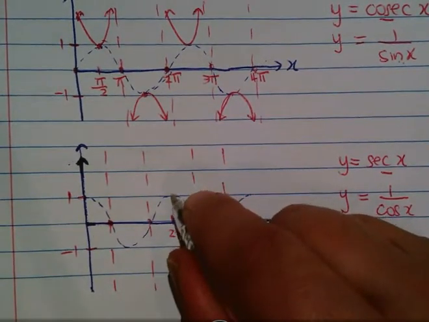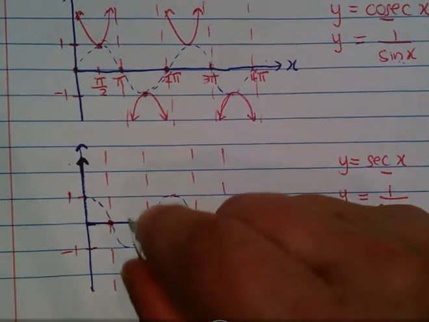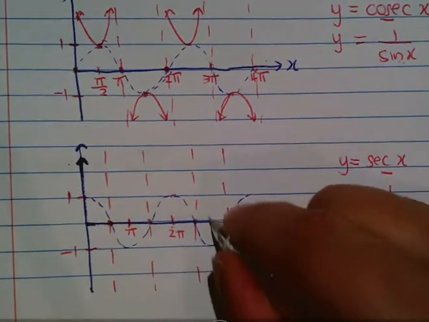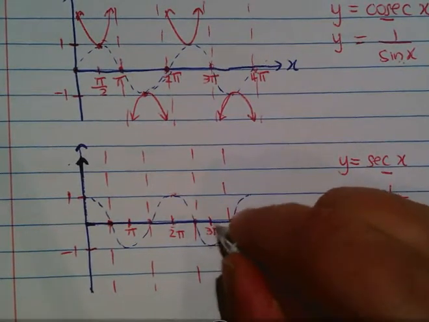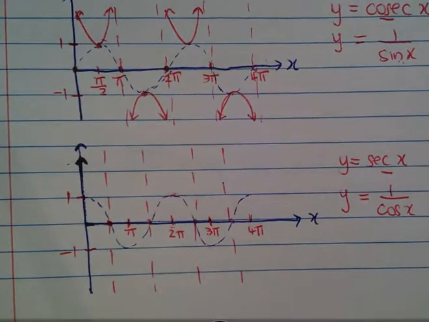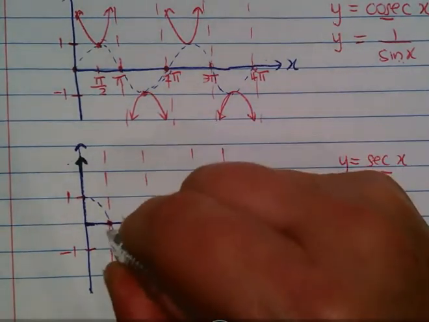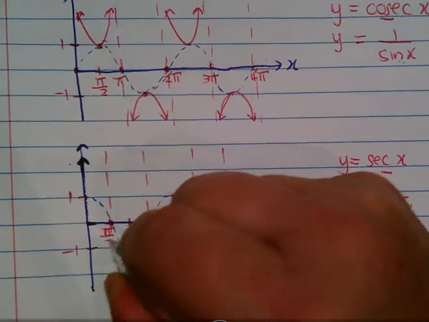So I've got 2 pi there up to here. So this here is pi. And 2 pi to 4 pi halfway is 3 pi. Okay, now, so I've got 0, pi, 2 pi, 3 pi, 4 pi. Obviously the ones in between, the asymptotes are at pi on 2.